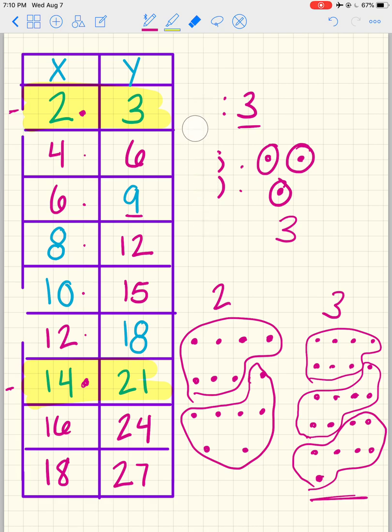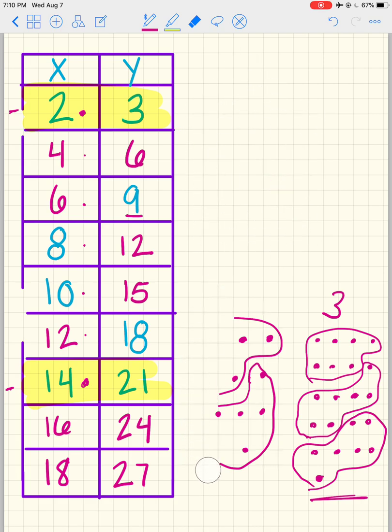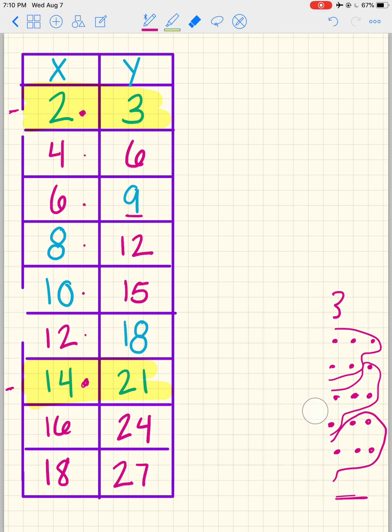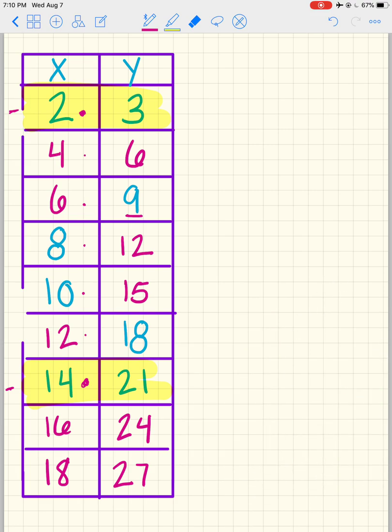So let's erase these and let's check about 2 more just to make sure that the work that we did on our own was correct. So let's look at 6 and 9. So 1, 2, 3, 4, 5, 6, and 1, 2, 3, 4, 5, 6, 7, 8, 9.